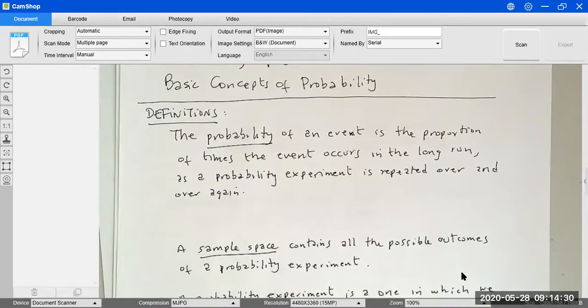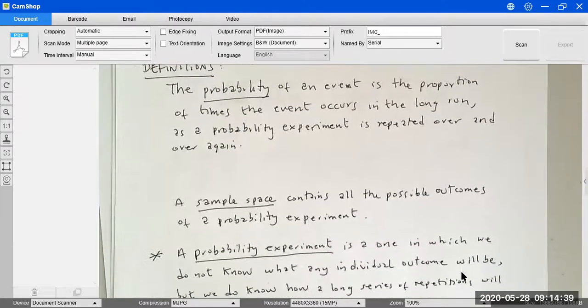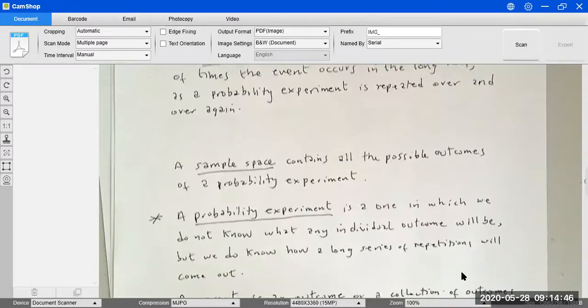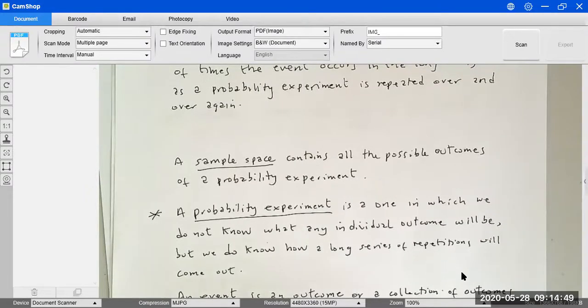The most important one is the probability of an event. It's the proportion of times that event occurs in the long run. And then the sample space is all the possible outcomes of a probability experiment. I'm writing here with a star to highlight the definition of a probability experiment. It's an experiment in which we do not know what any individual outcome will be, but we do know how a long series of repetitions will come out.